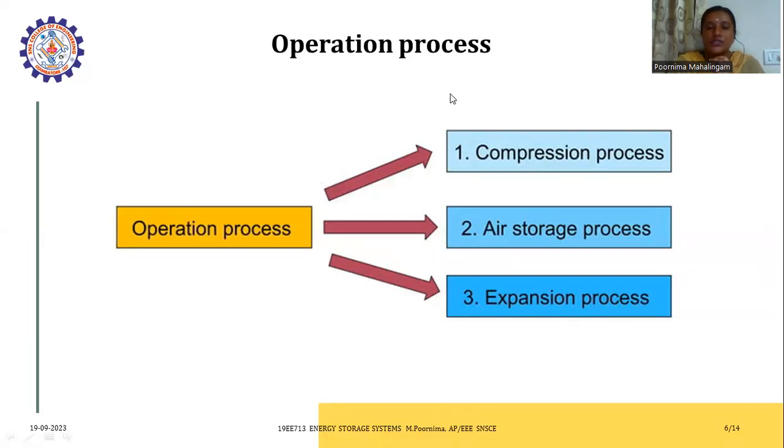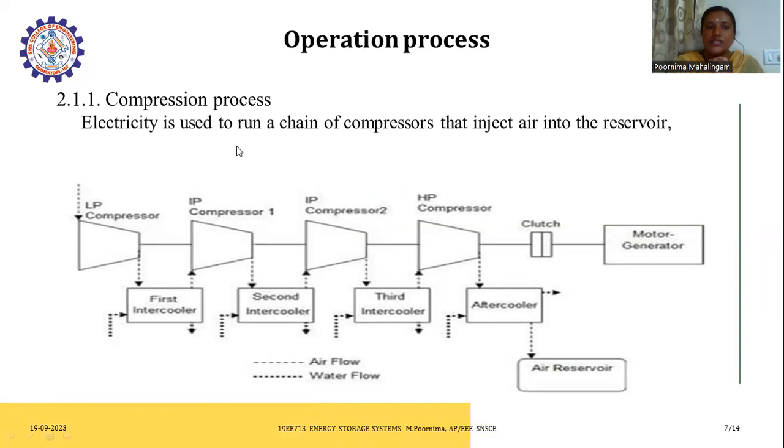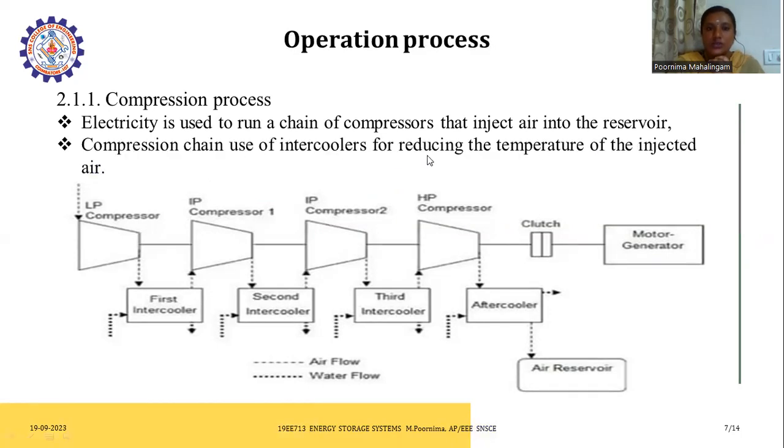The compression process compresses the air, stores it, and later expands it. Here we see compressor one, compressor two, high power compression, clutches and motors, and the first, second and third intercoolers, an aftercooler, and finally the reservoirs. In the compression process, electricity is used to run a chain of compressors that inject air into the reservoir, and a chain of intercoolers reduces the temperature of the injected air.